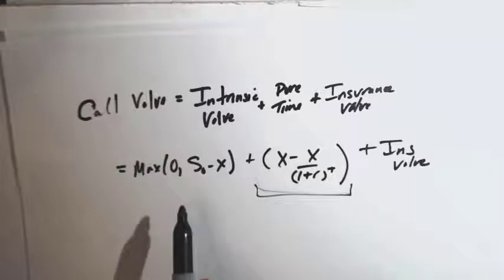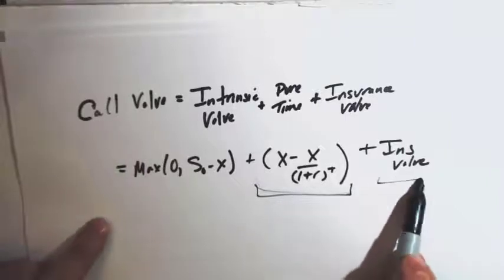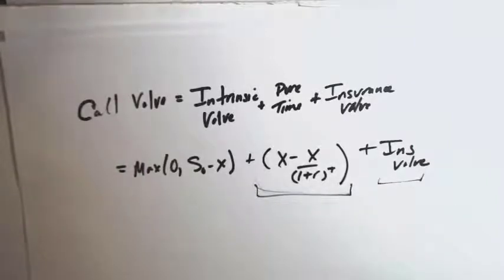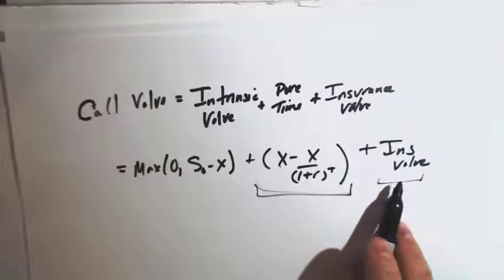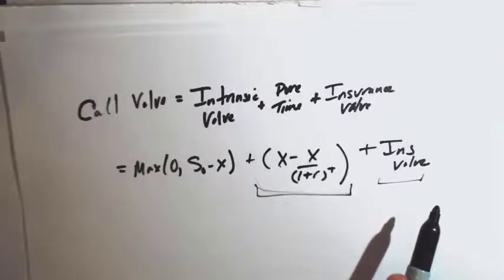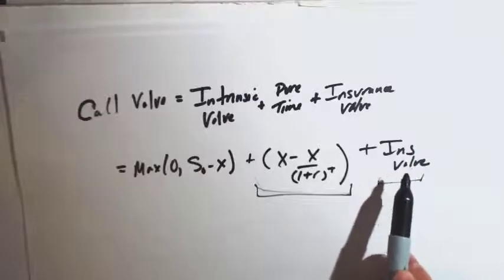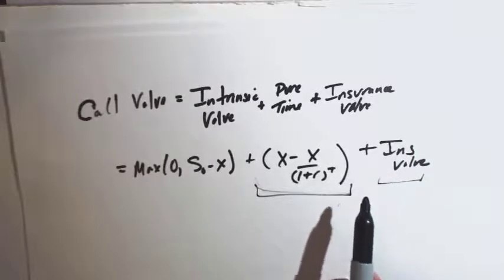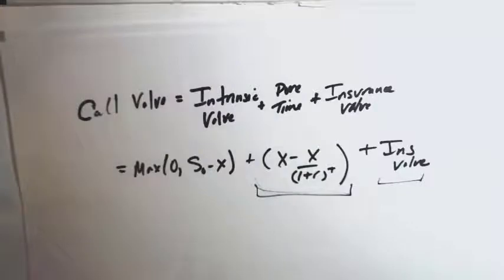It has its intrinsic value, and whatever's left over gets dumped into the insurance value, because that's the most difficult part to evaluate. That has to do with the time component of the option and how volatile the underlying is. All that gets thrown into the insurance value, as we'll talk about a little later.